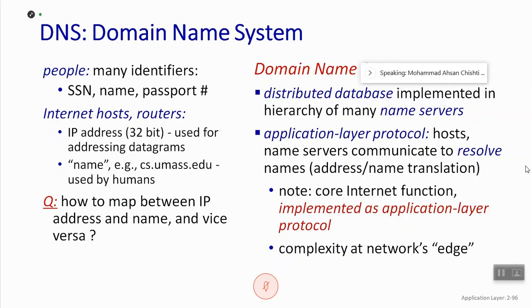Then only you can send your request, whether it's an HTTP GET request or an email request. So we would need a server to map the name to the IP address, as well as the reverse, the IP address to the name. This server is known as the domain name server, and this is known as the domain name system.